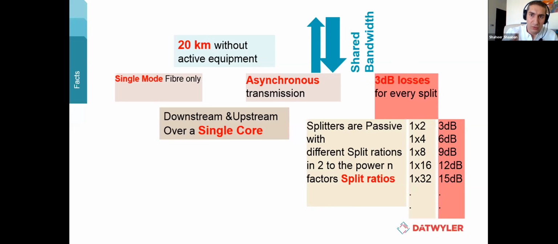And to talk a little bit about the losses. When you split a signal, this is equivalent to a 3 dB loss. This is physics. So every time you split a signal into 2, you lose 3 dBs. However, this is the pure loss coming from physics. Of course, you have other losses in your system because your splitter is spliced to a fiber and connected to a connector. So you have to calculate all these losses.